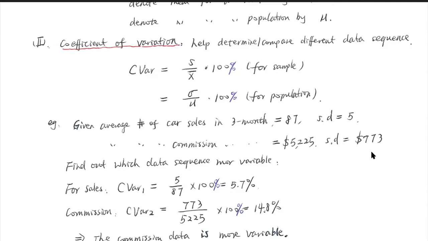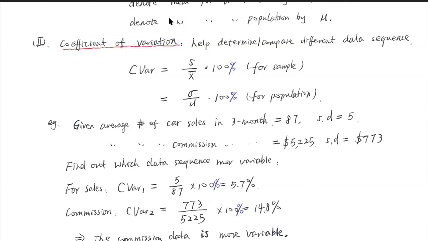Everybody? I mean, intuitively, those two data sequences are related, right? They are talking about the car sales, right? The first one is talking about number of car sales, right? The second one is talking about, now for those car sales, the corresponding commission those car dealers are making, right? So this one is in terms of dollars, right?